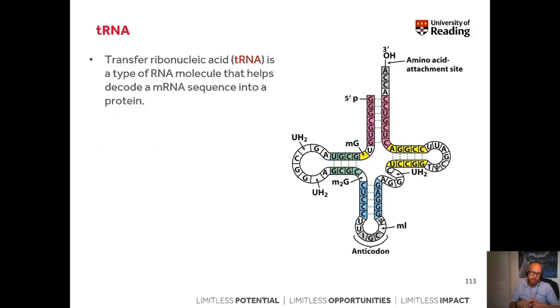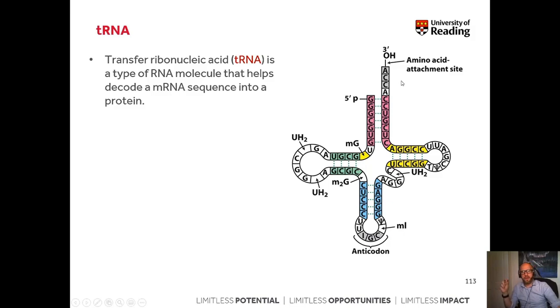The second type of important RNAs in our cells are tRNAs, or transfer ribonucleic acids. This tRNA is a type of RNA molecule that helps to decode mRNA sequence into a fully functional protein. On the right hand side you can see a structure of one of those tRNAs.